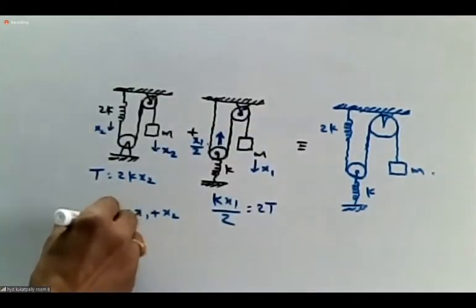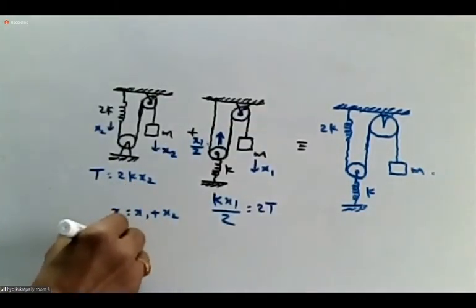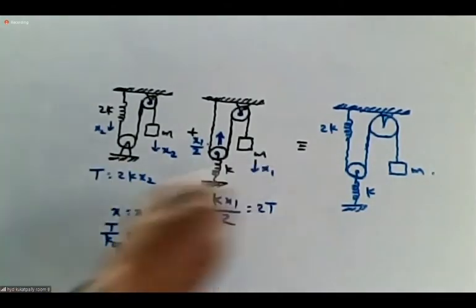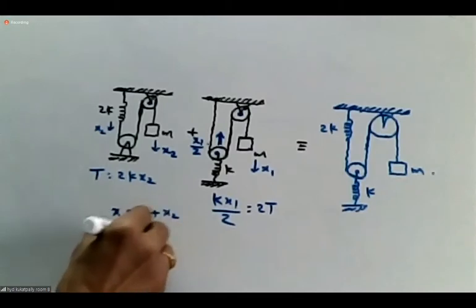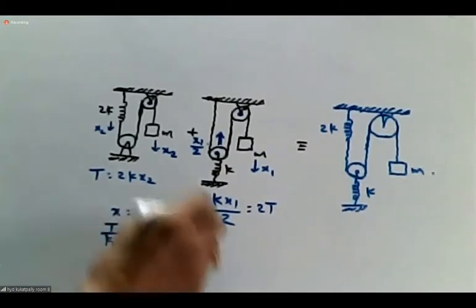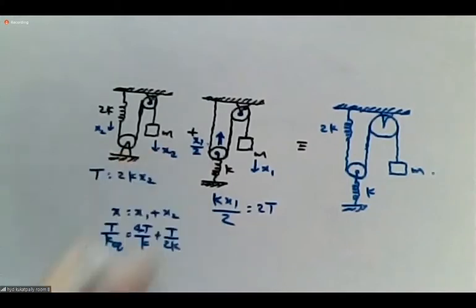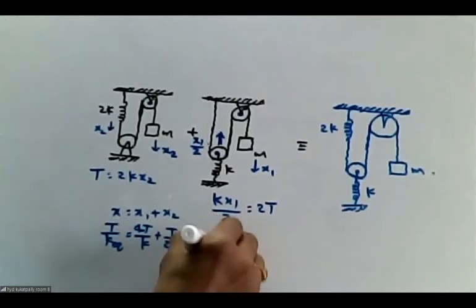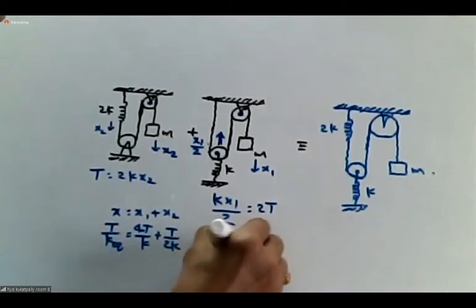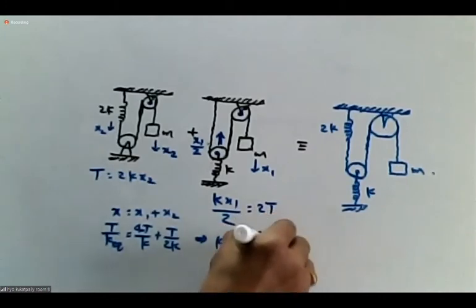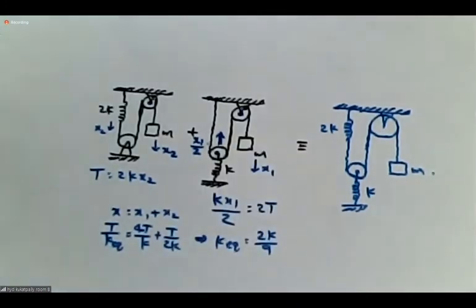Then x equals T by K equivalent. x1 is 4T by K plus x2 is T by 2K, which implies K equivalent is equal to 2K by 9.